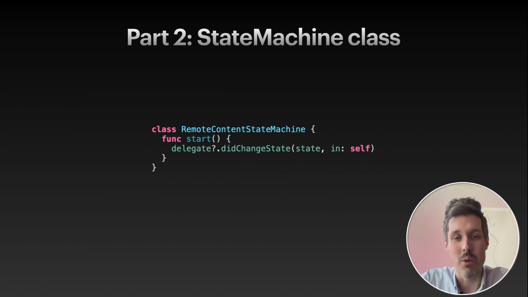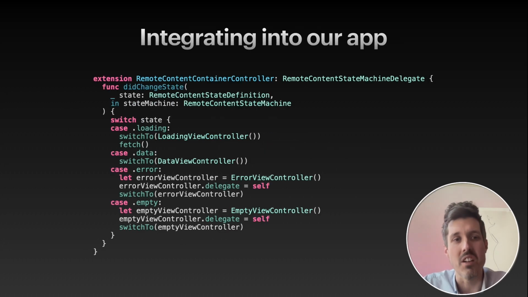And now comes the part where we integrate the state machine into our app. Here I have a RemoteContentContainerController. Essentially, it's a view controller container that switches between loading data and empty view controllers based on the current state.